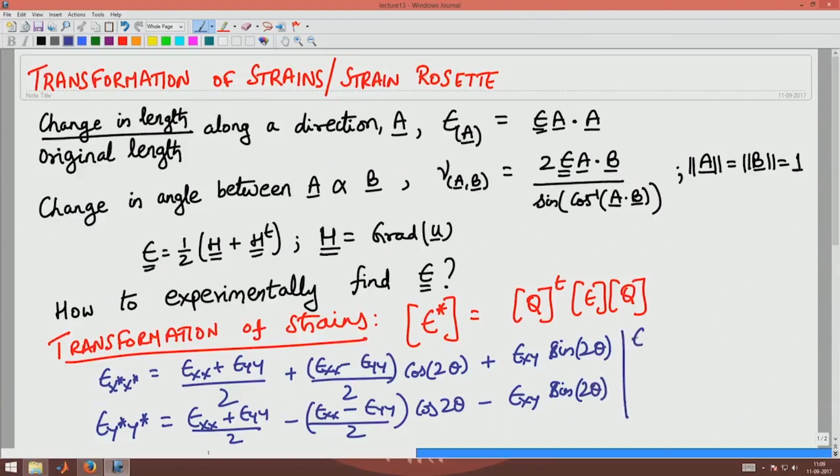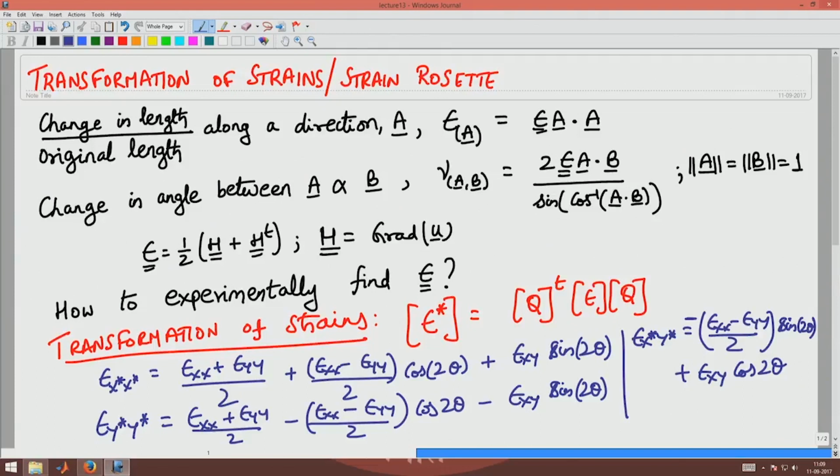And epsilon x star y star would be given by epsilon xx minus epsilon yy by 2 with a negative sign, sin of 2 theta, plus epsilon xy cos of 2 theta.